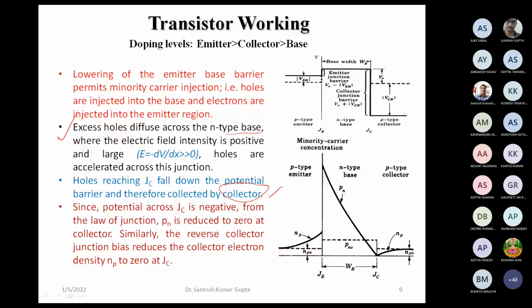Because there is no accumulation of carriers at the collector junction, the injected hole concentration PN becomes zero at the collector junction, because there are no carriers which can stay here. They are quickly swept across this region.